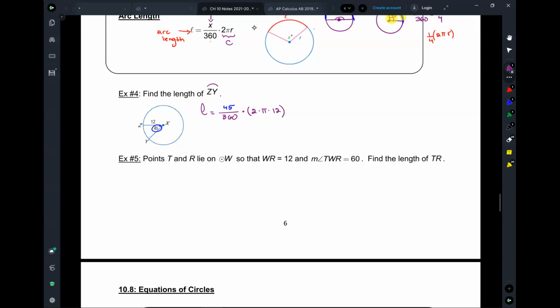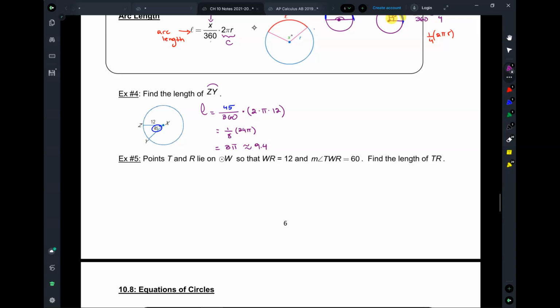So this is equal to 1/8 times 24 pi, which is equal to 3 pi. And if you had to round, it would be 9.4.